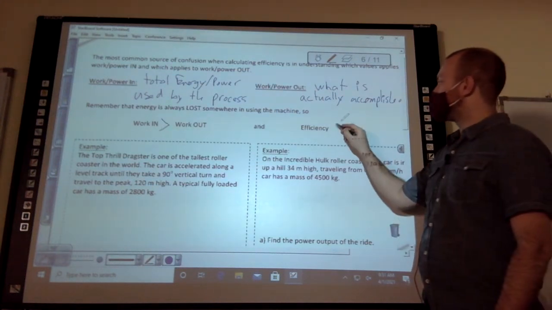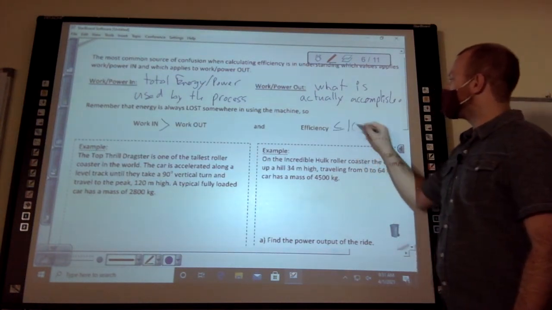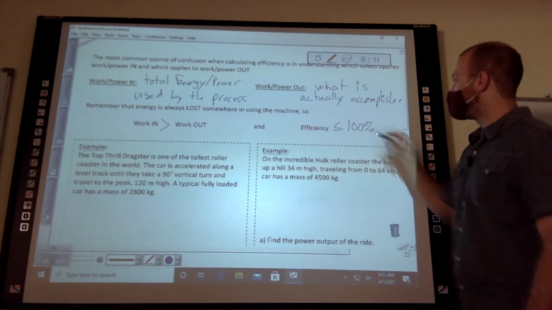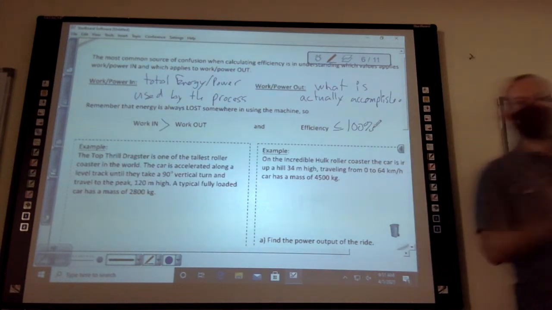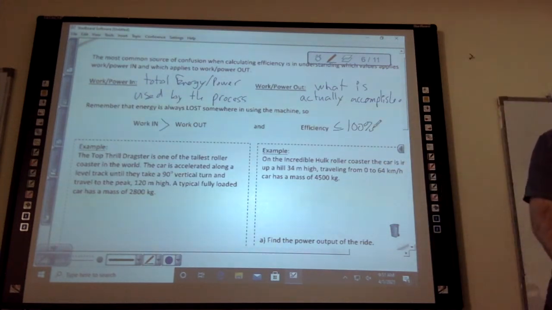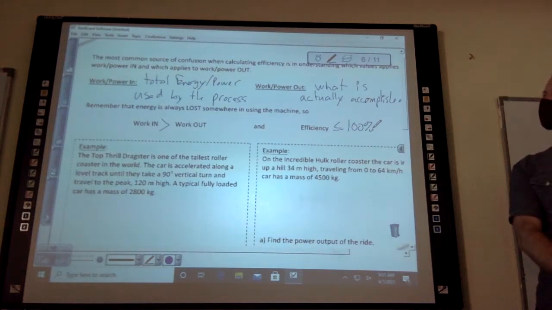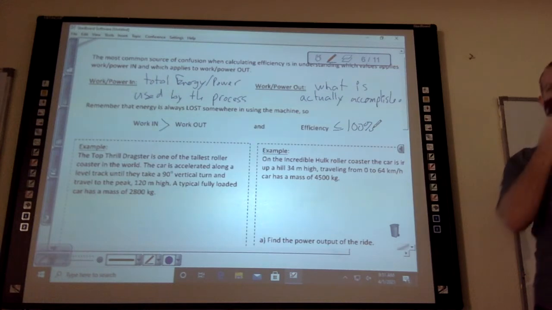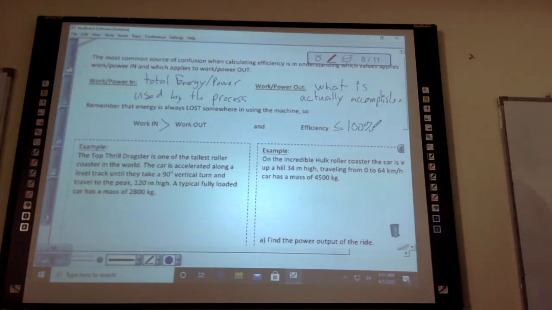And so that means your efficiency is always going to be less than or equal to 100%. I say equal to 100% because there are some cases where you will have a 100% efficient process. Like what? Even that you lose energy.